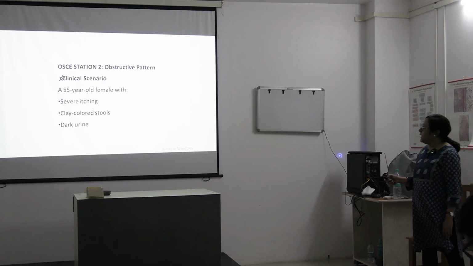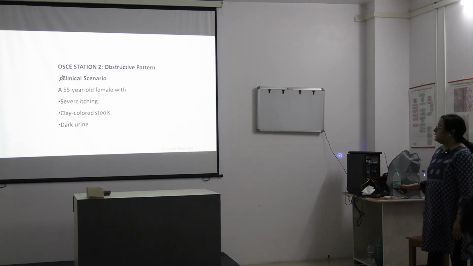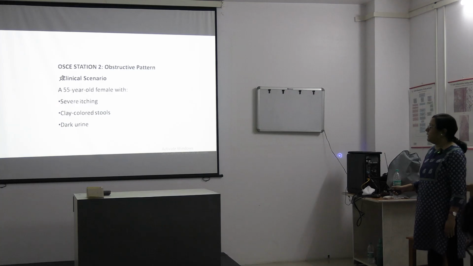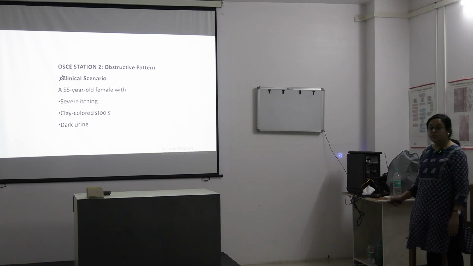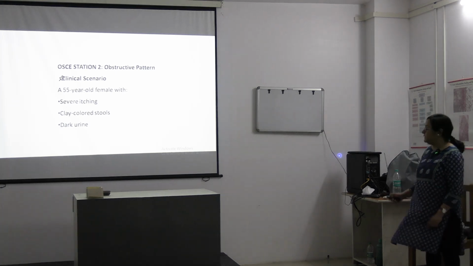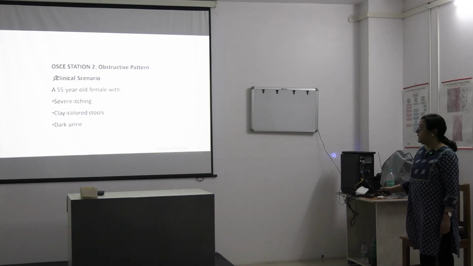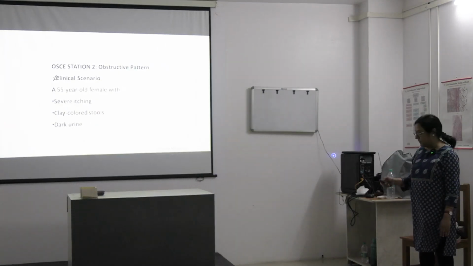Now another type in which we will see the obstructive pattern, that is a 55-year-old female with severe itching, clay colored stool and dark urine. So in the OSCE problem card, if there is itching, this is very important, remember, itching, clay colored stool, dark urine, that means obstructive pattern.